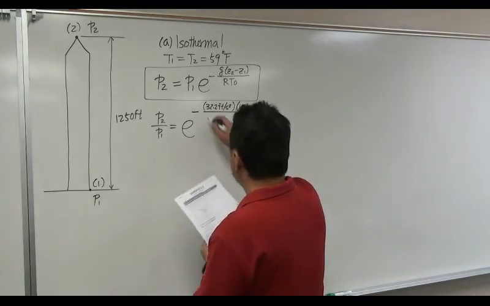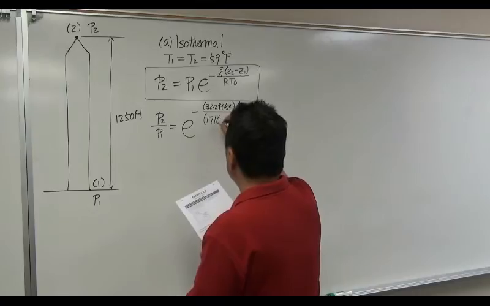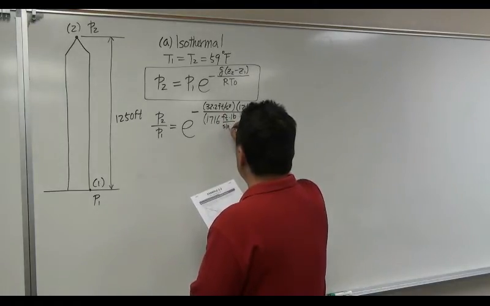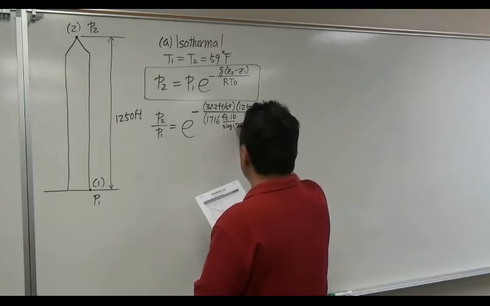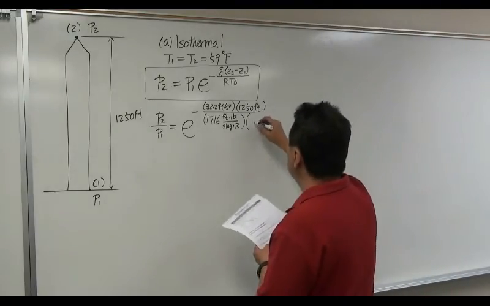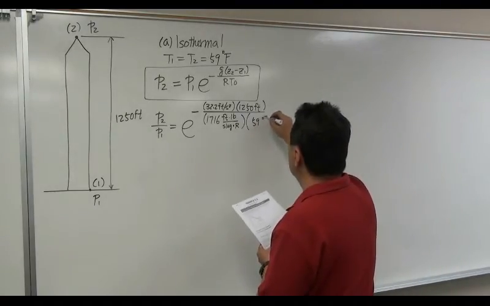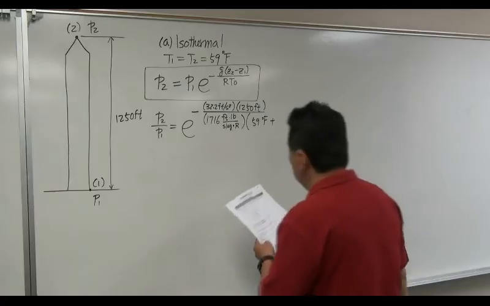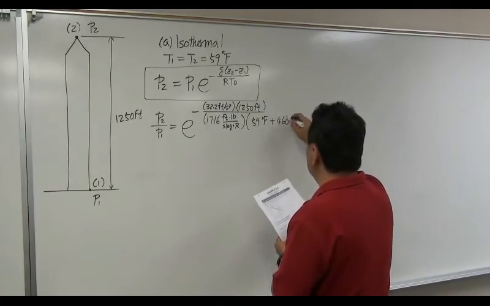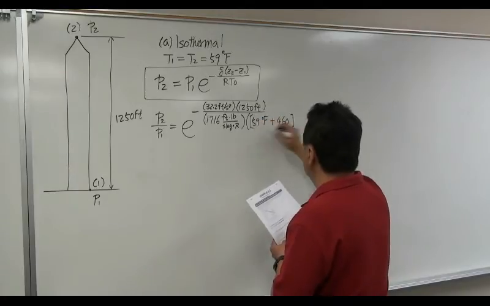Gas constant, let's assume standard air, 1716 foot-pound per slug Rankine. Temperature is common 59 degrees F, but be careful. You can't use degrees F, you have to add 460 to make it Rankine.